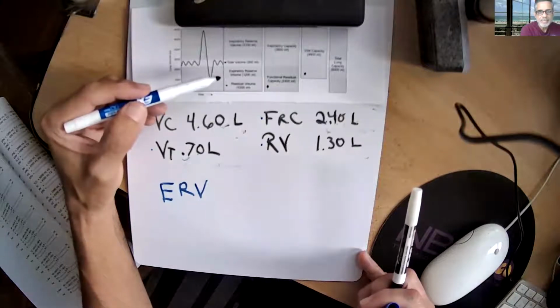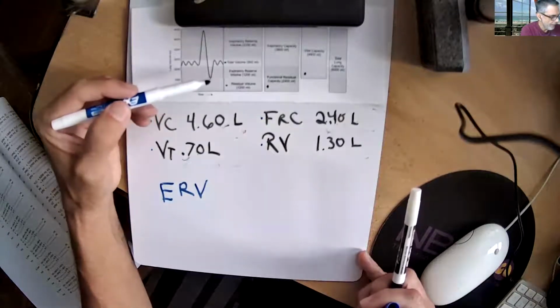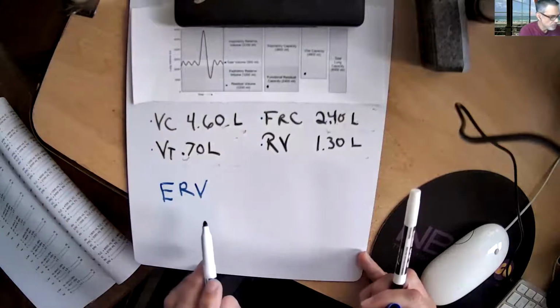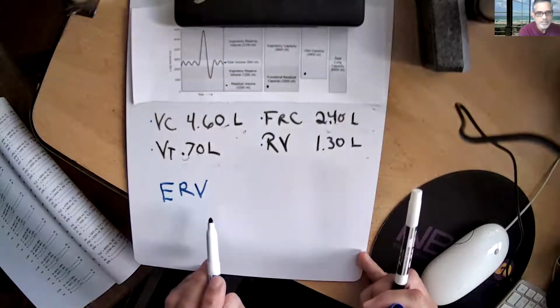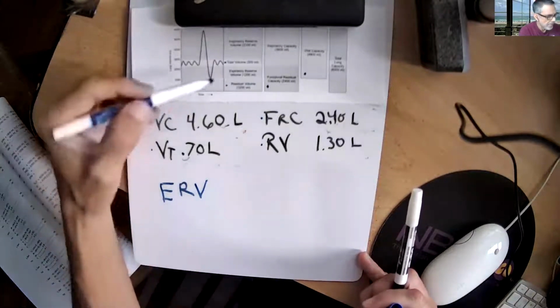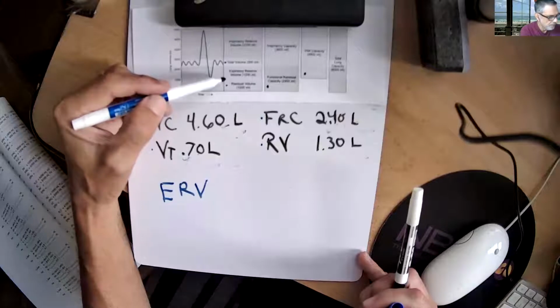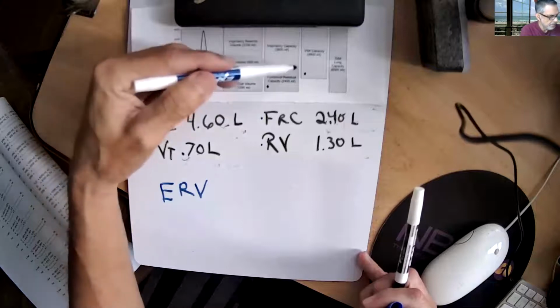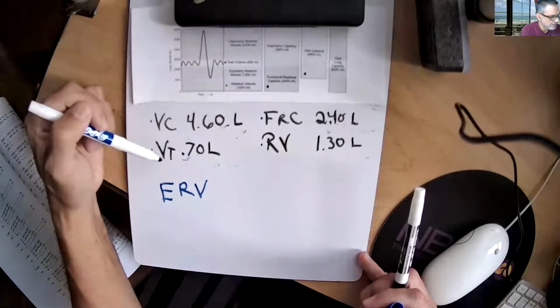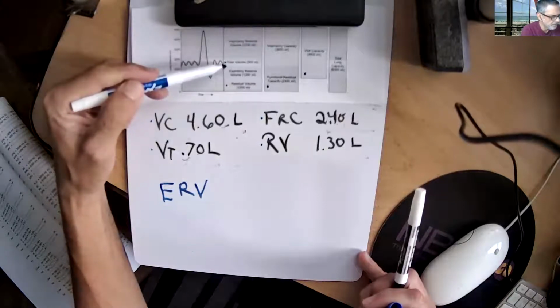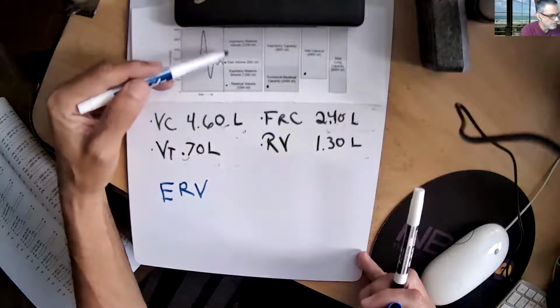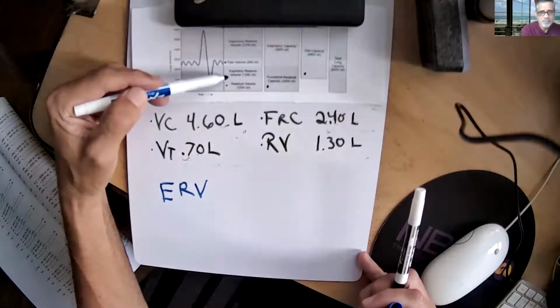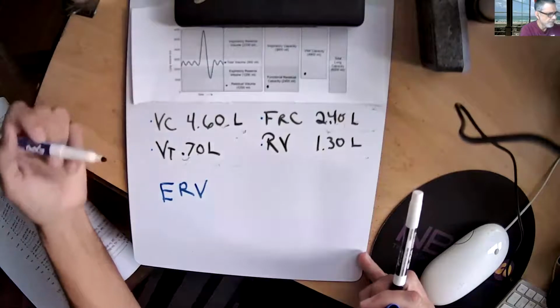I want to isolate expiratory reserve volume. Could I do that by taking vital capacity and subtracting tidal volume? If I subtract tidal volume, that doesn't get me what I want because it's still inspiratory reserve volume and expiratory reserve volume. It doesn't isolate that, so that doesn't work.